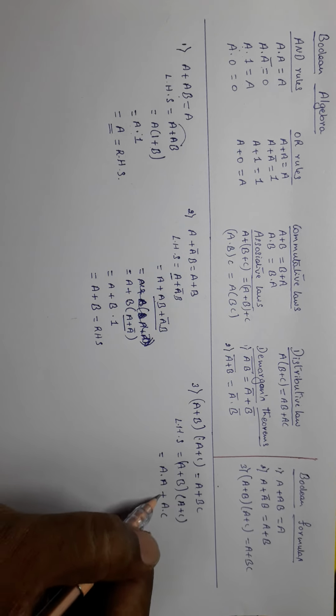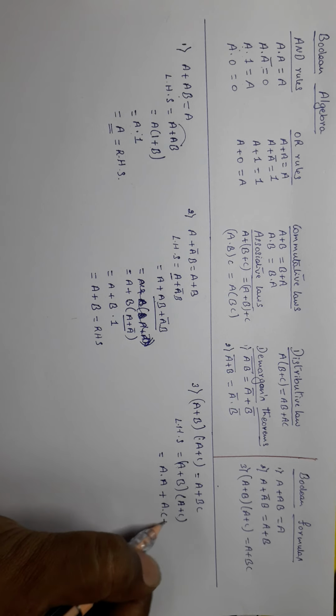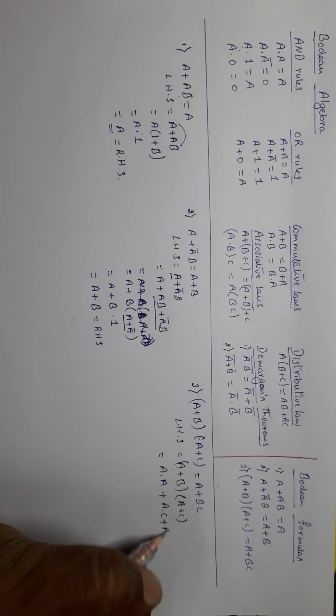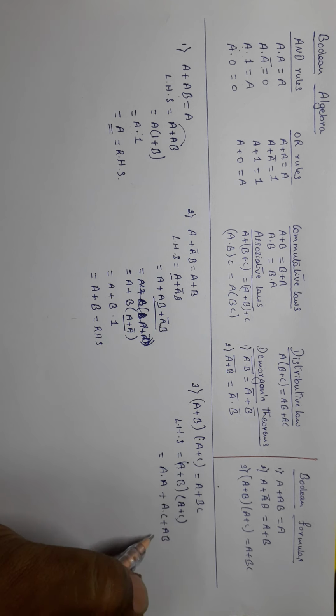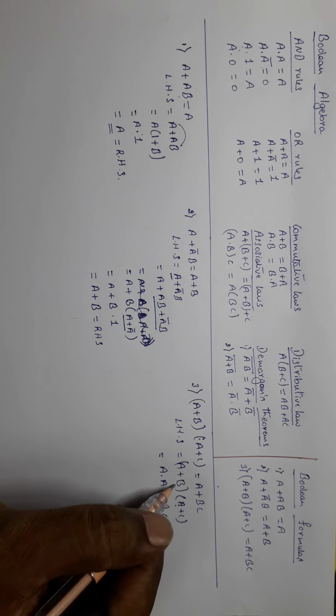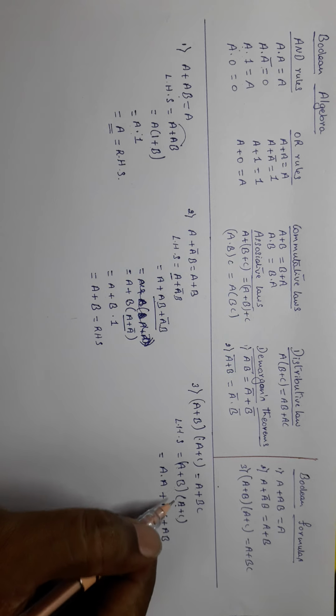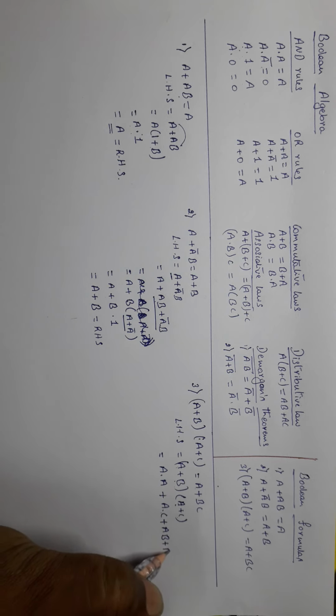A into A plus A into C plus A into B into A, that means AB plus BC. By using the commutative law we can write A into B plus B into C.